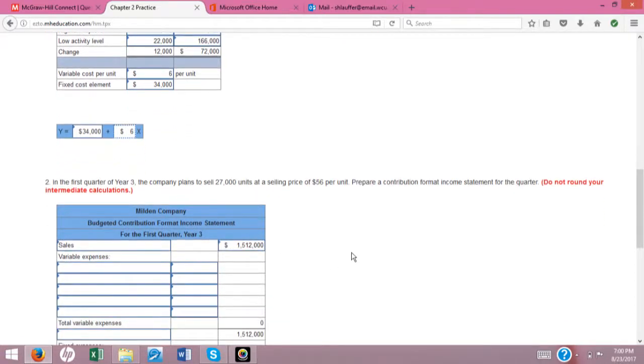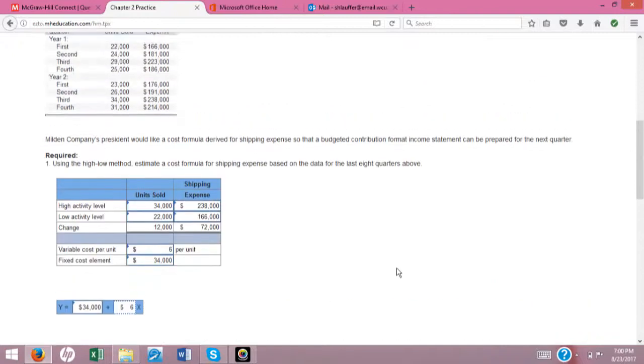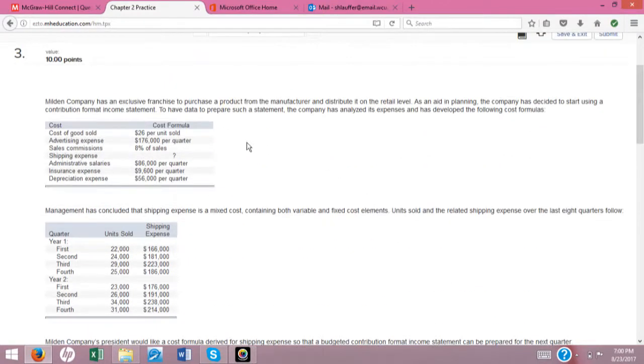And then we have to list our variable expenses. So I believe we've got some stuff up here. Our variable expenses are actually our cost of goods sold, because that varies depending on how many things we sell. Our sales commission, they're actually basing that on sales. And our shipping expense, we've already said, is partially fixed and partially variable.